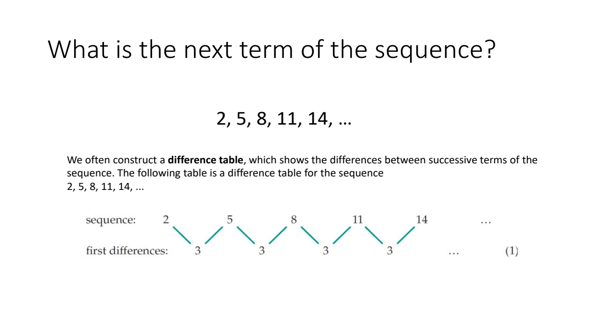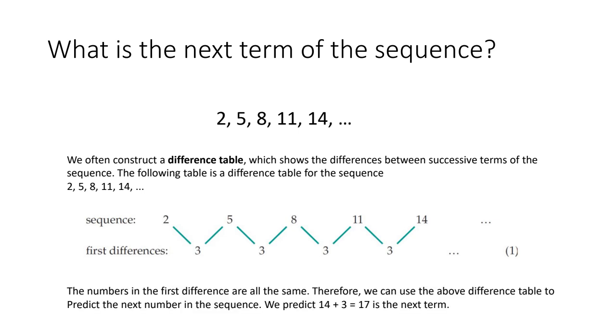Sometimes as soon as you do the difference, you can already see the answer. Like in this example, because it's always 3, we can predict what the next number would be. Since there's a difference of 3, you can find the next one by adding 14 plus 3, which would be 17, the next term in the sequence.